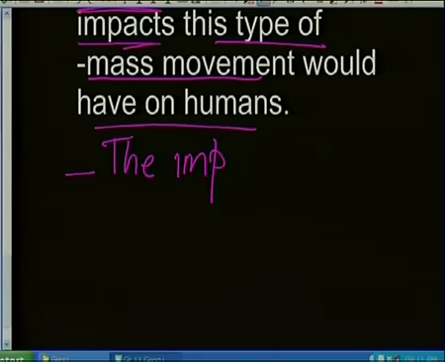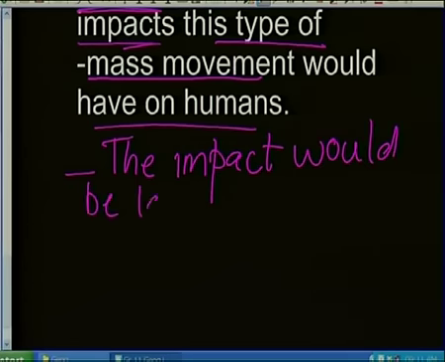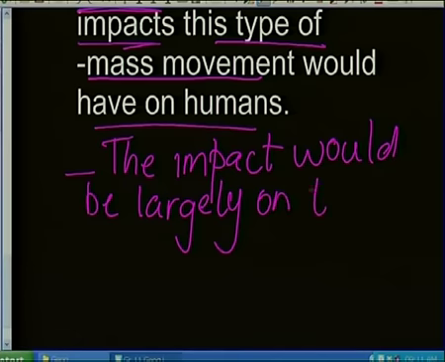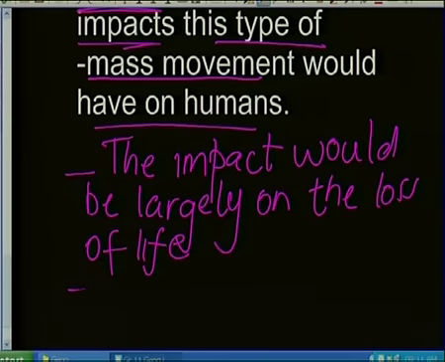Impact would be largely on the loss of life. Any landslide can lead to loss of life.